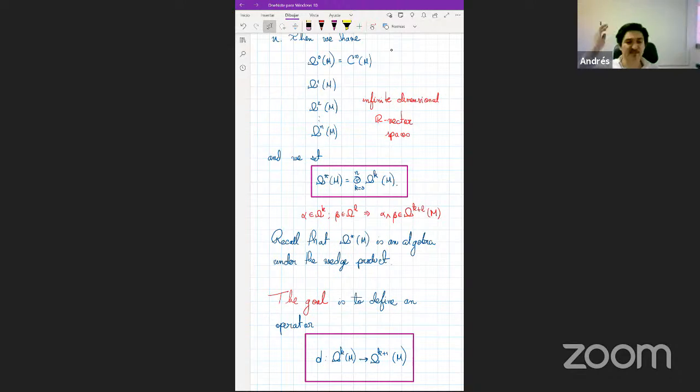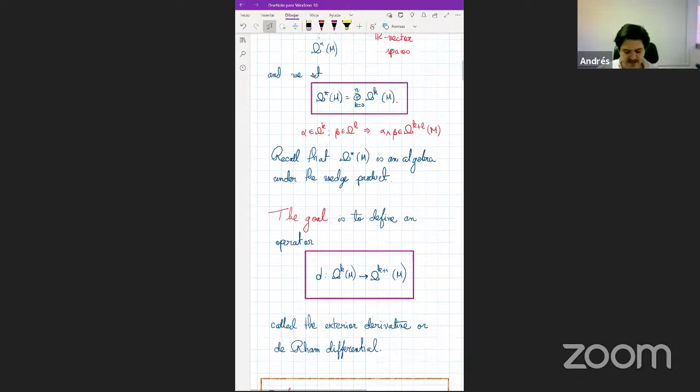So the whole purpose of this class is to define this operator. It is called the exterior derivative and also the de Rham differential. Okay, so let's get to business to see what we really mean by this.